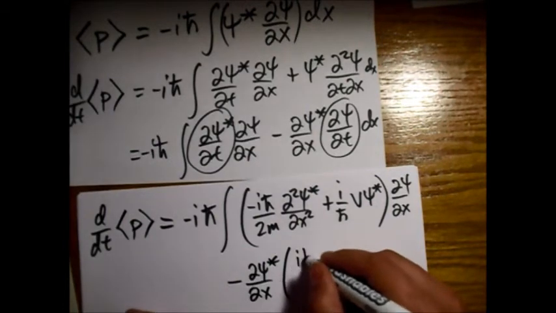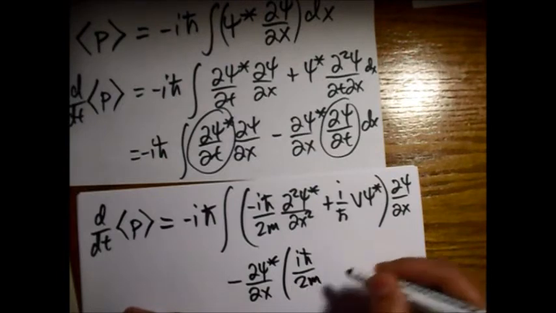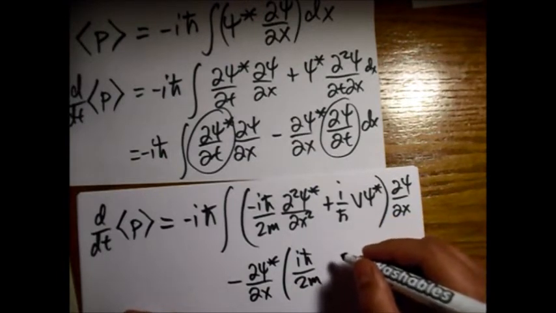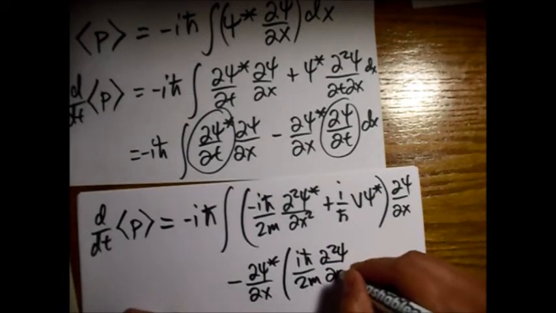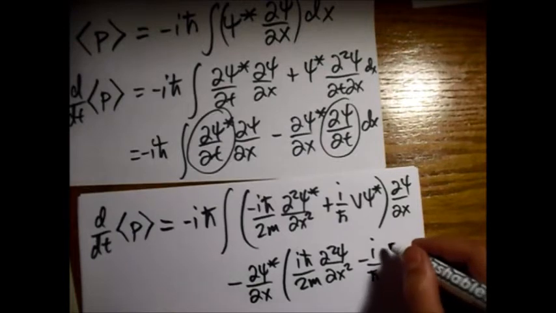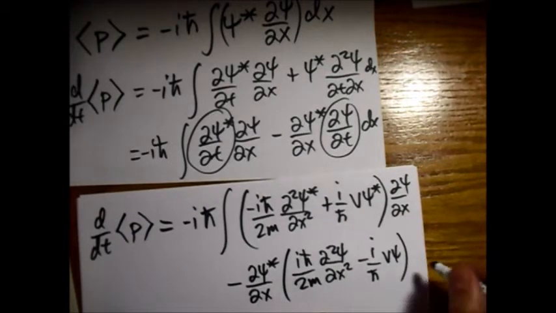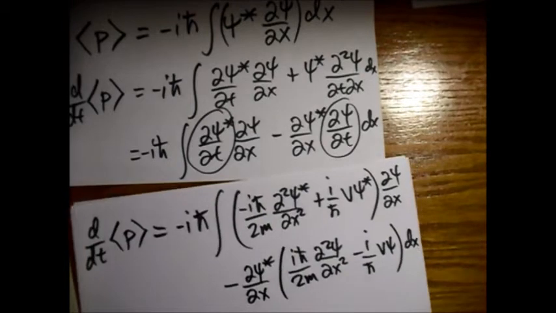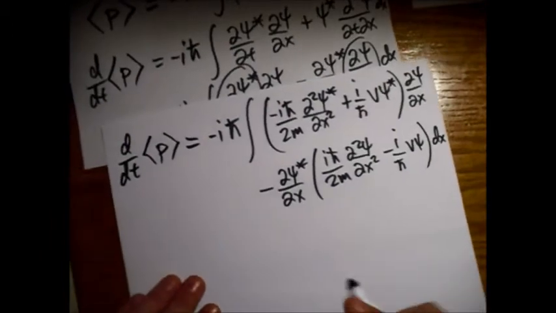All right, and this is just the Schrodinger equation once you divide both sides by i h bar. Okay. All right. That looks right so far.